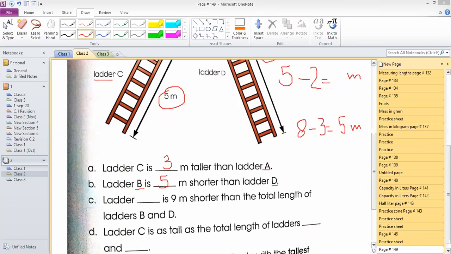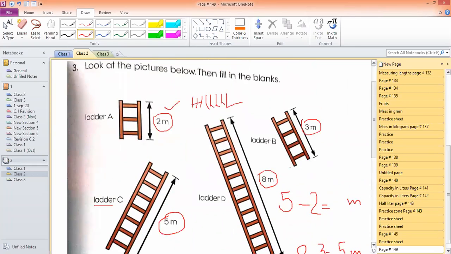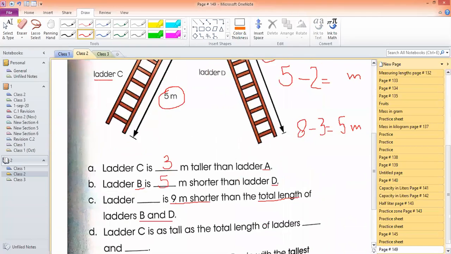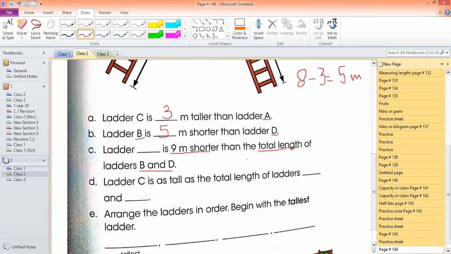Now you have to check which ladder is 9 meter shorter than the total length of ladder B and ladder D. So first I will find out the total length of ladder B and ladder D. Ladder B is 3 meter plus ladder D is 8 meter. So 8 plus 3 is equal to 11 meter. So I have found the total length.